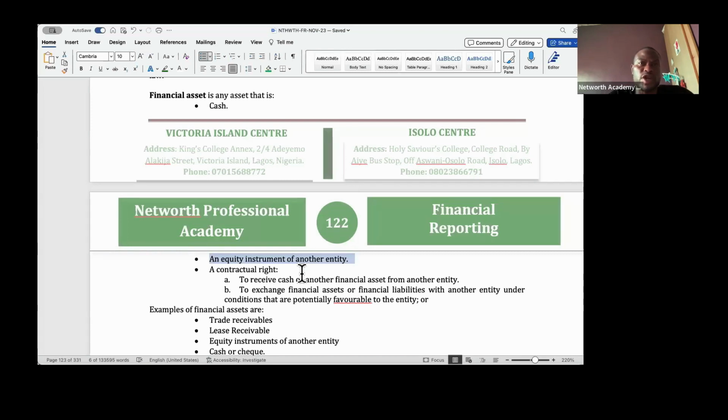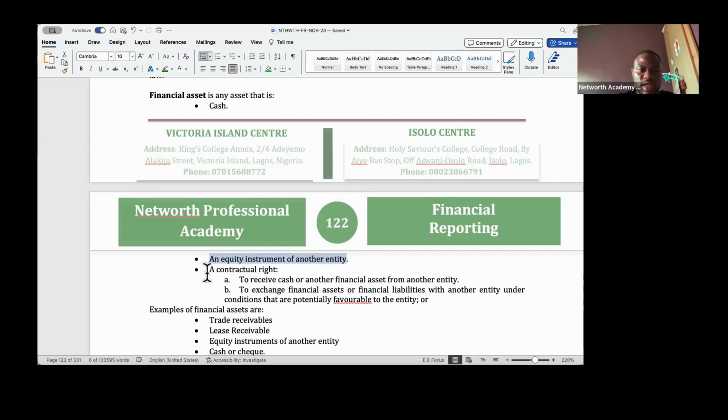So when you buy shares in a company, what you have simply done is you have invested. And that investment, the classification of asset it belongs to, is a financial asset. So a financial asset is also an equity instrument of another entity, which means that when you buy shares of another entity, then you have an equity instrument of another entity.